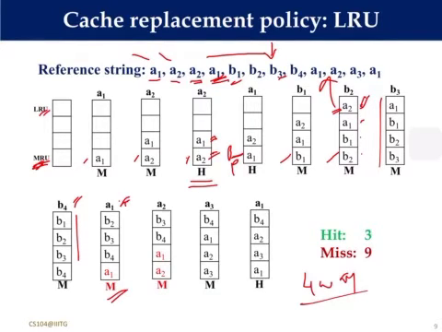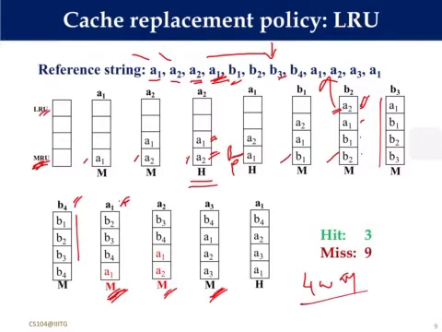You can see a few misses I have written in red and a few misses in black. We'll see in the next class, or maybe the class after, the difference between this M and this M. Right? So just keep these things in mind. We'll see different types of misses.